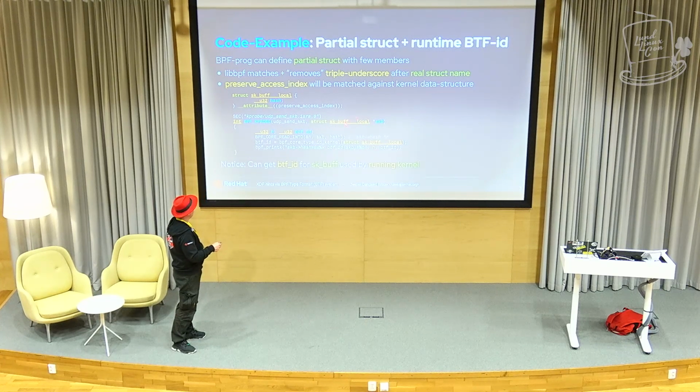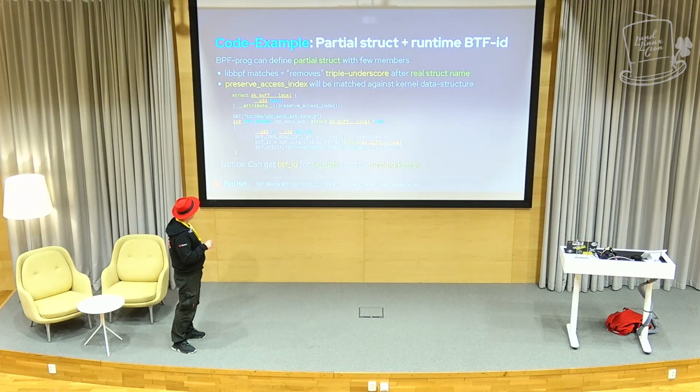libbpf will actually remove this part, and it will figure out with the preserve access index how I can access different things. This is a macro helper that I use to read the hash from the XDP hints into a 32-bit variable. So it's the same as dereferencing the pointer.